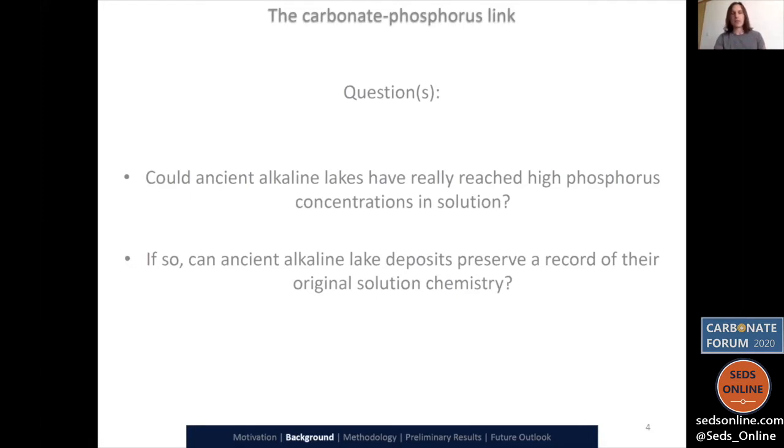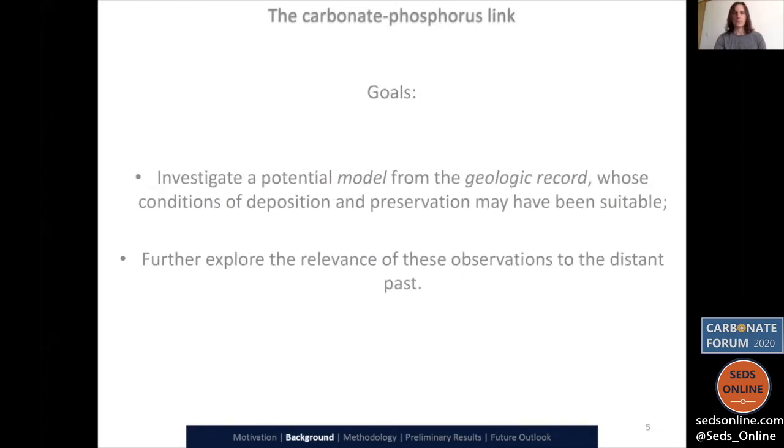So definitely this begs the questions that we're addressing here in our study. Could ancient alkaline lakes have really reached high phosphorus concentrations in solution? And if so, can ancient alkaline lake deposits preserve a record of their original solution chemistry?